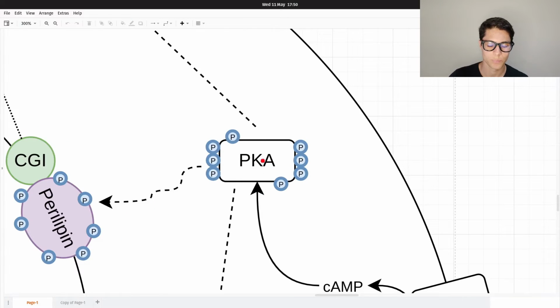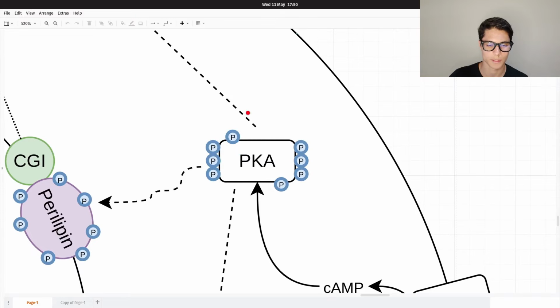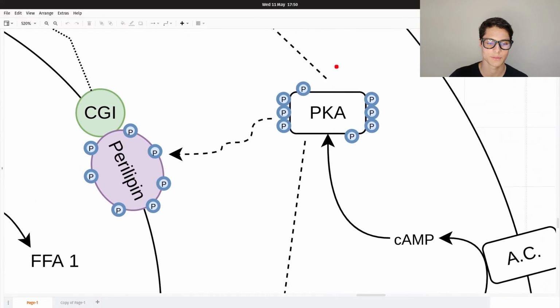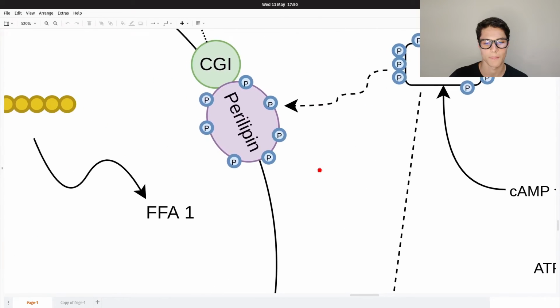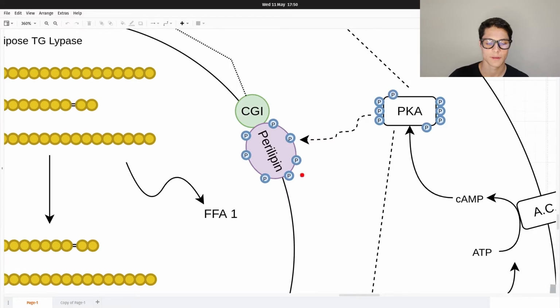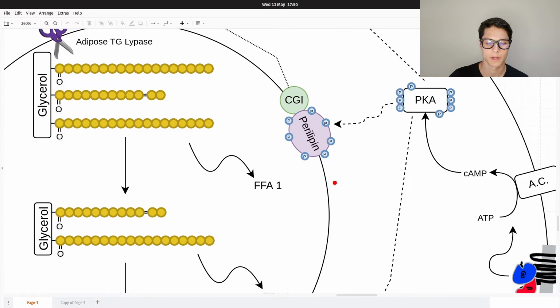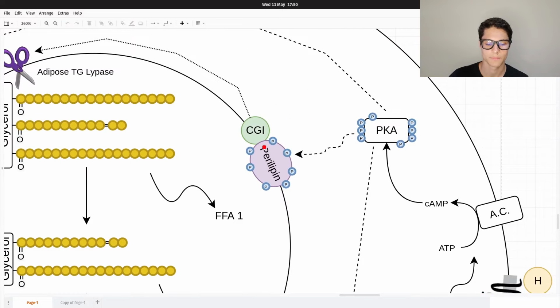So we have protein kinase A with the phosphates, and it's going to put phosphates on very specific molecules we have here. In the vesicle membrane, we have CGI bound to perilipin.